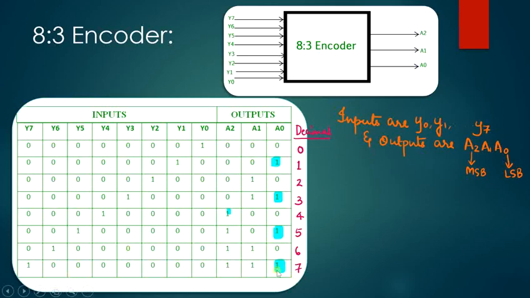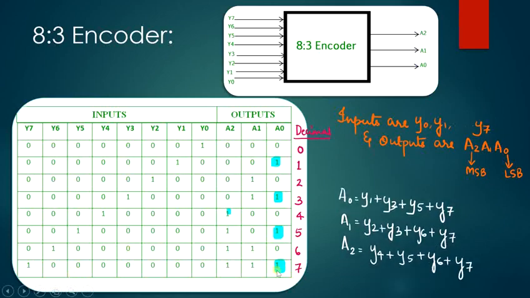So I can write the expression for A0 as Y1, Y3, Y5 and Y7. Corresponding to A1, I can write this as Y2, Y3, Y6 and Y7.